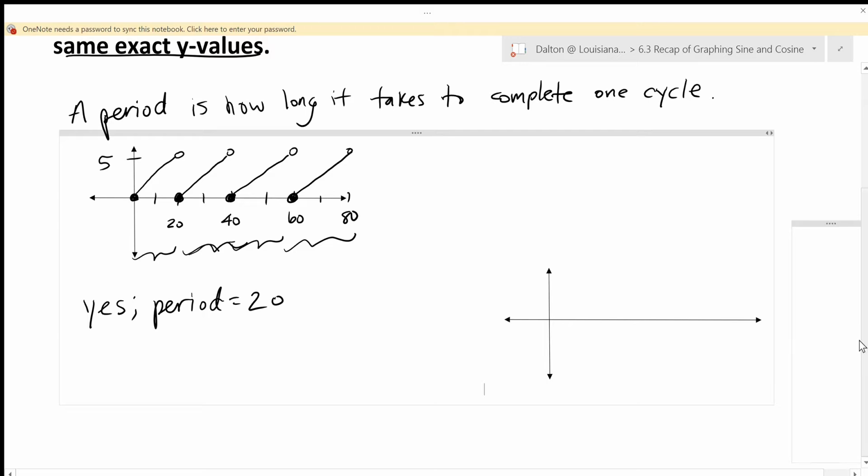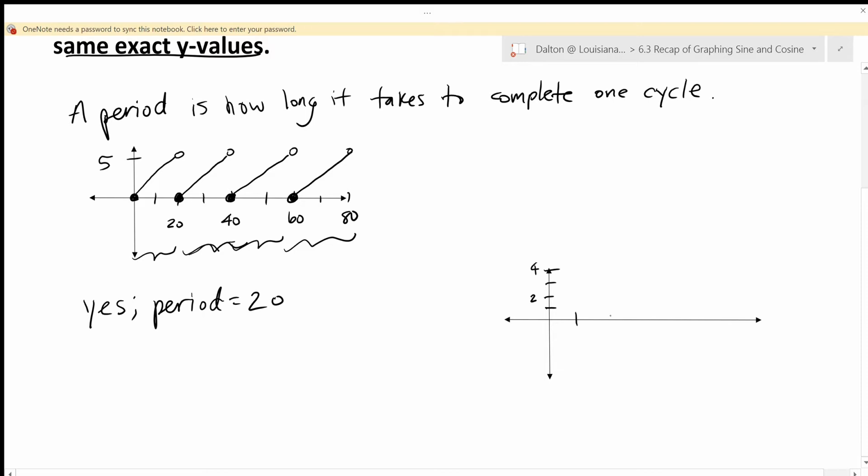Okay, so if this graph looks like this, let's count up 4 on the y-axis. And then just count by 2's on the x-axis.